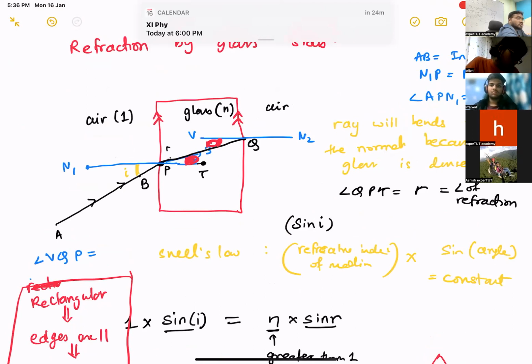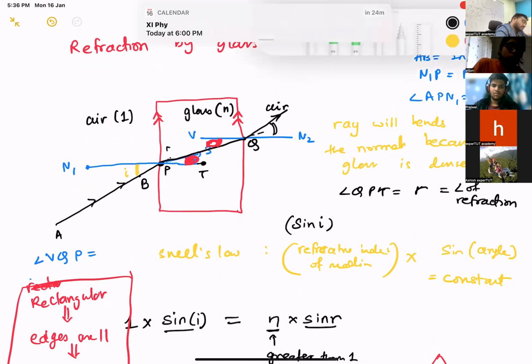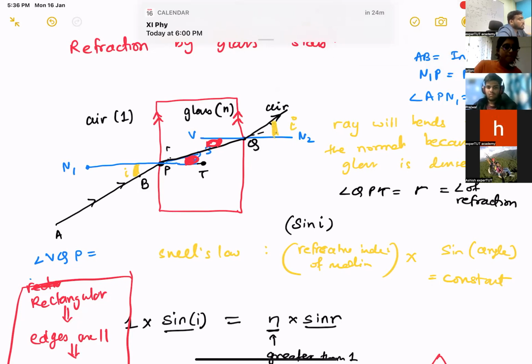I. अंडरस्टूड? अंदर आ रहे तो बाहर, समझ में आ रहा है कि नहीं? हाँ ठीक है, such that this is I, okay, it is same as this, fine.